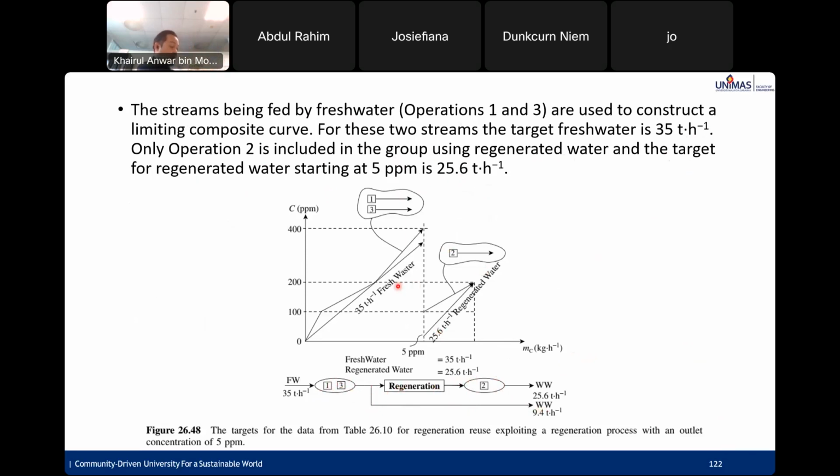So 35 ton per hour here is calculated by the total of freshwater feed for stream 1 and stream 3, which is 7,000 grams per hour, divided by 200 ppm based on the pinch point.